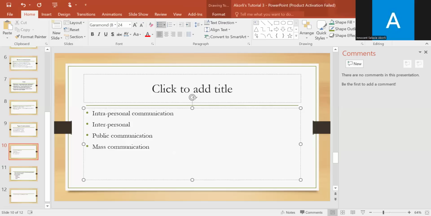Communication is going on in only one person, which is you. And you can take a decision that you want to do this, you want to do that. There are cases where people even talk to themselves, which I can describe as intrapersonal.